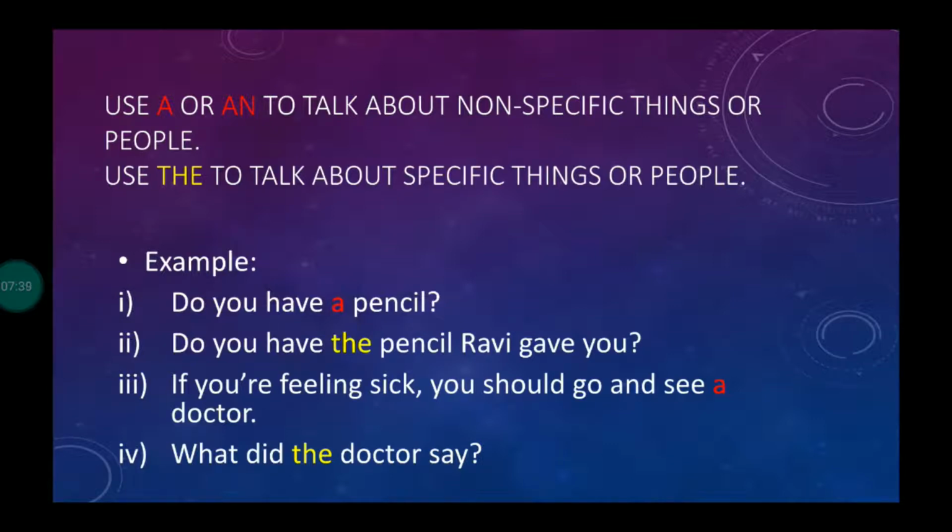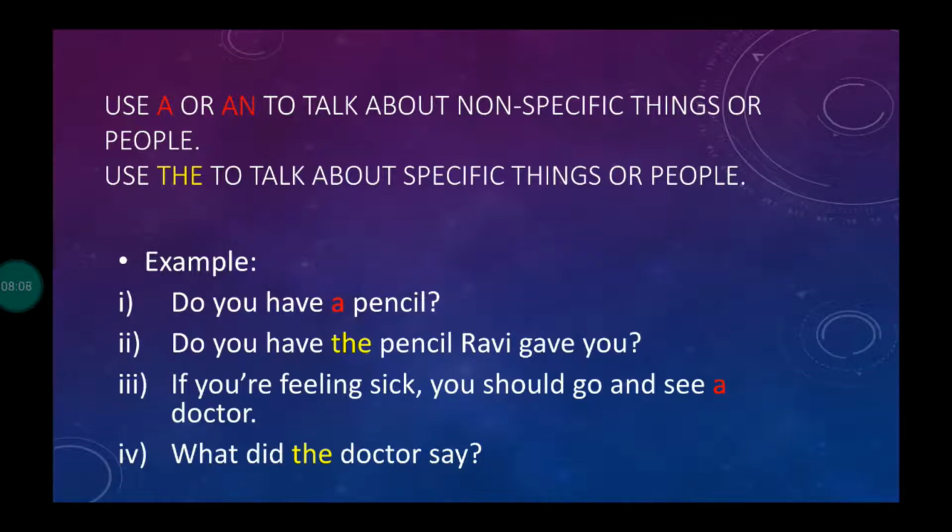Now, for another example, suppose you meet your friend and your friend is not well, then you tell your friend, if you're feeling sick, if you're not feeling well, you should go and see a doctor. What do you mean by saying that? It means just go and see any doctor. But after a few days, when you meet your friend and you ask, what did the doctor say?